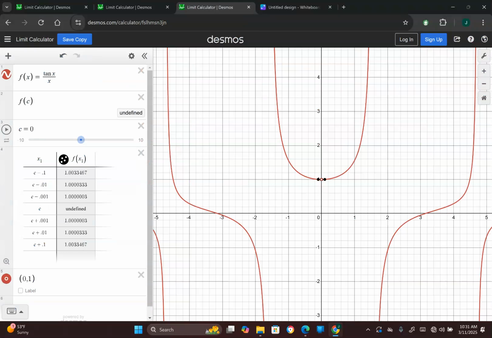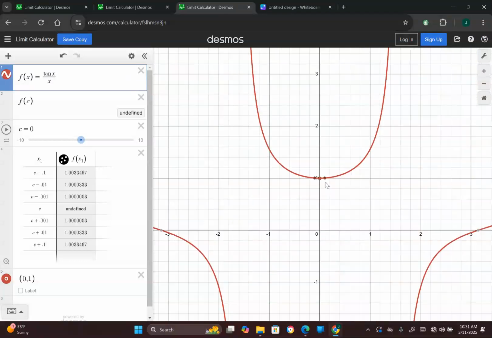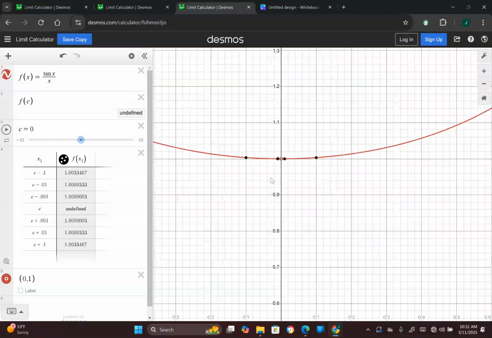If you graph that and you look at 0, it seems to me from the left, all of these values for y, as my x value gets closer and closer to 0, look like they're approaching 1. Same thing from the right-hand side. It looks like these y values, as you get closer and closer to 0 for x, are approaching 1. And we can zoom in and take a look at the values from the table.